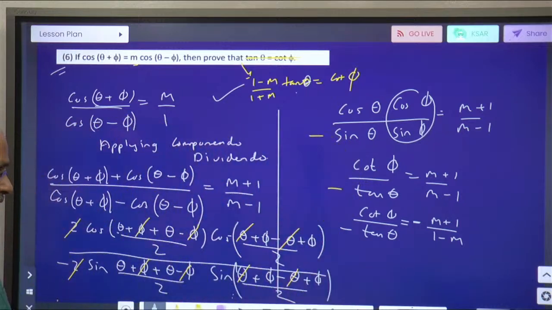One second, actually I will confirm this question there. I really don't know why I made that error. 1 minus m upon 1 plus m tan theta.